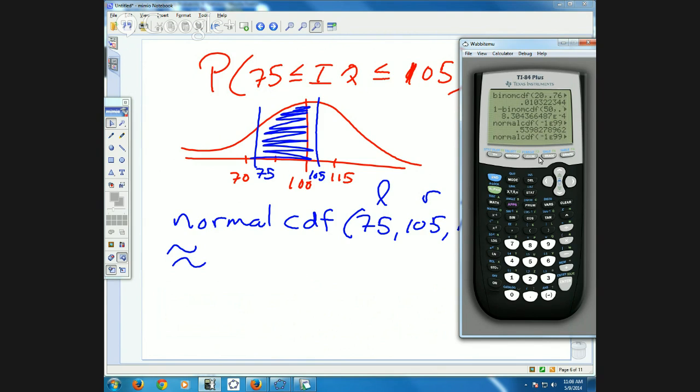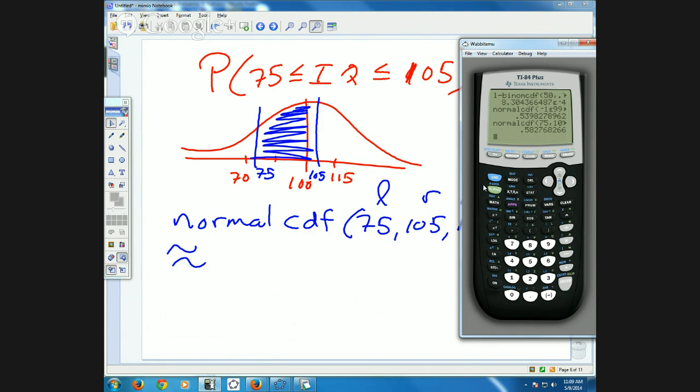So instead of negative 1 E99, I have 75, comma, then I have, what was it, 105? And then comma, and let's delete the extra stuff. Enter. Yeah, 58.3%, if we went to the nearest tenth of a percent.